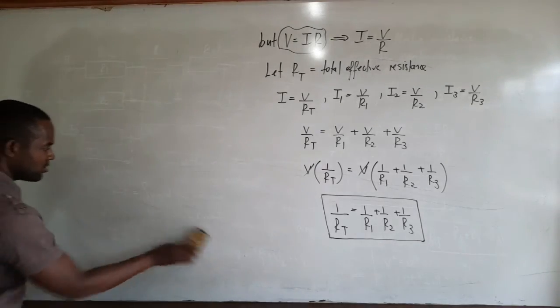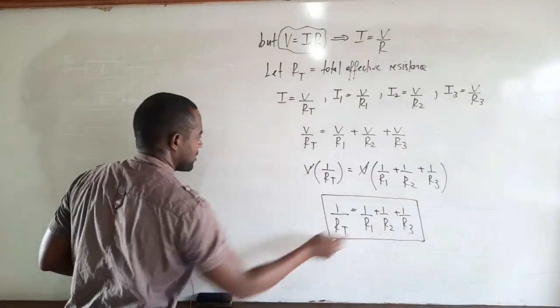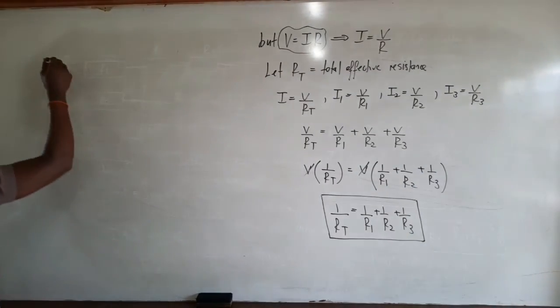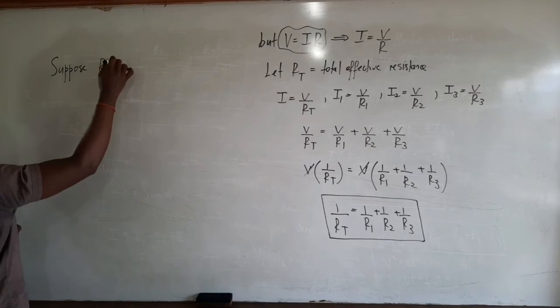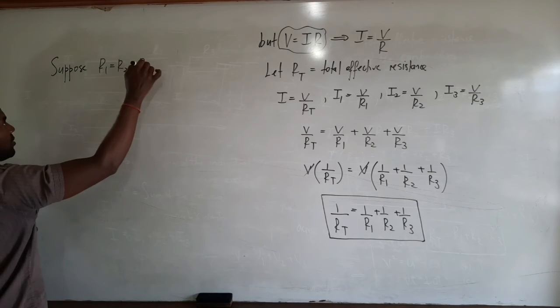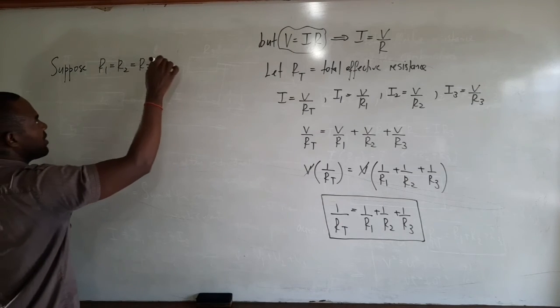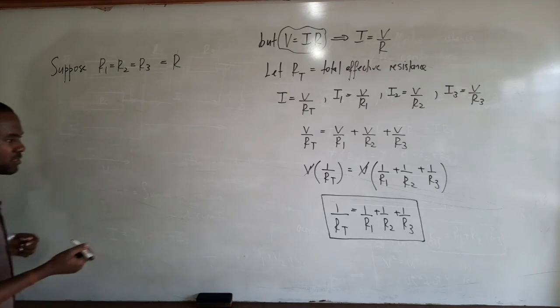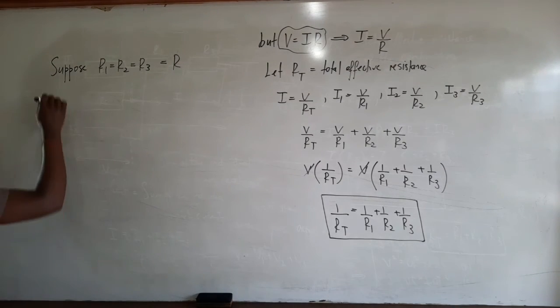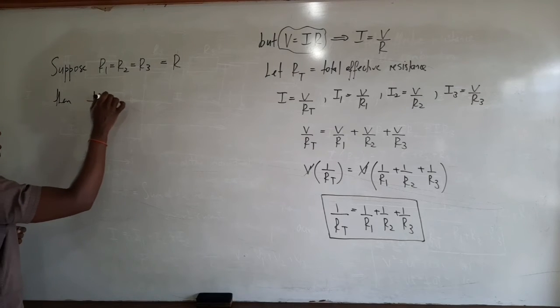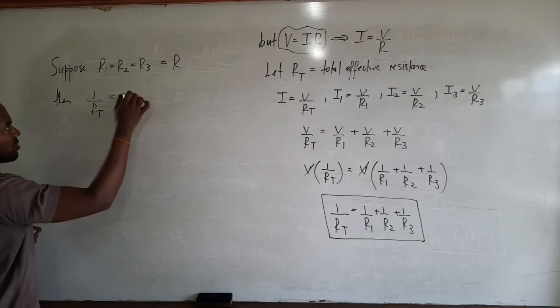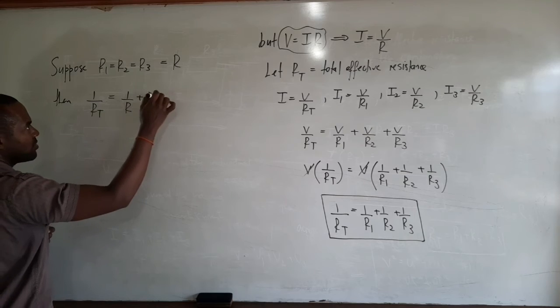Suppose R1 equals R2 equals R3, and let that be equal to R. Then 1 over RT is equal to 1 over R plus 1 over R plus 1 over R.